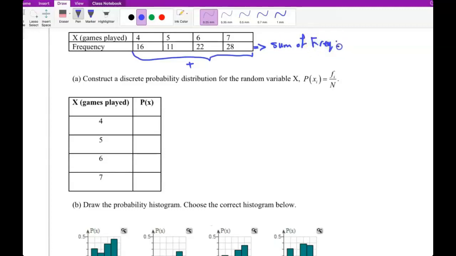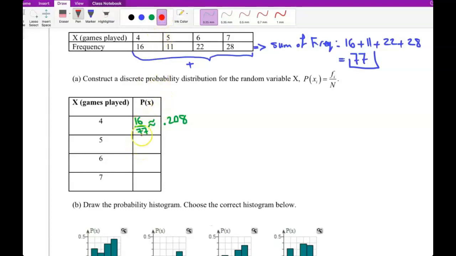So the sum of frequency is 16 plus 11 plus 22 plus 28. That is equal to 77. Now to find probability of X, divide frequency by sum of frequency. So 16 divided by 77, to 3 decimal places, we have 0.208.